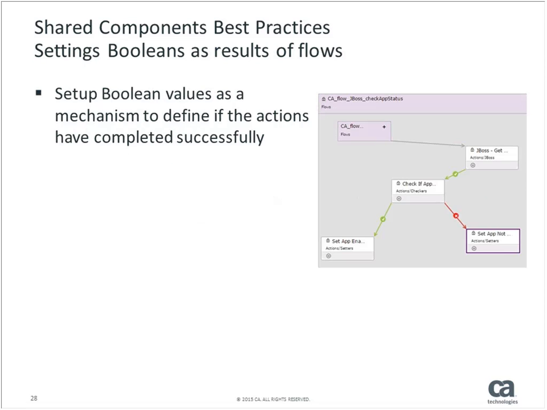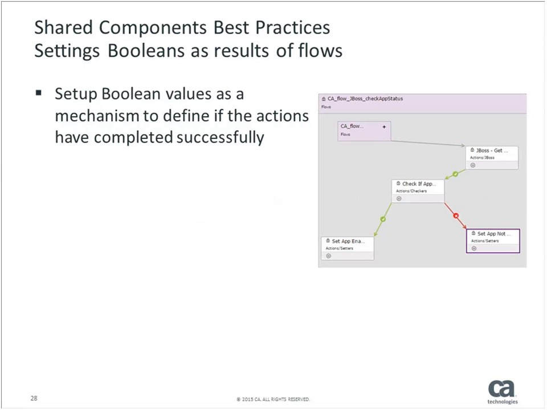And here's another best practice that I strongly recommend: set up Boolean values as the mechanism to define whether a particular flow has completed successfully or not. In this example, going back to the checkup status, I'm checking the status of the app to see if the app is up and running in JBoss.